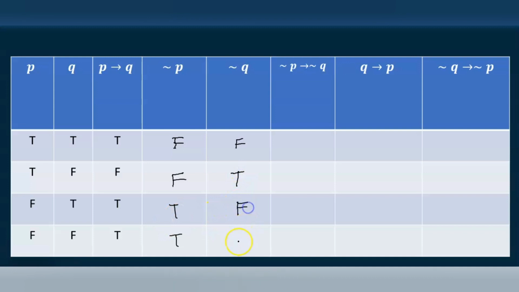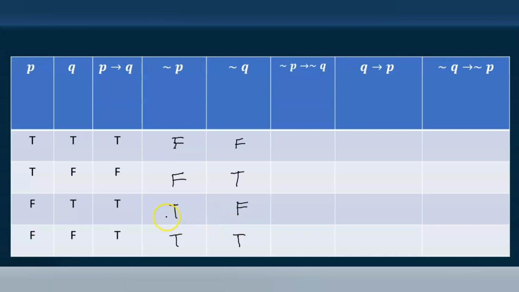false, and true. Remember that the order of the truth values in these columns may differ, and that depends on how you have placed the truth values of P and Q respectively. So if you're going to construct your own truth table, your entries may look slightly different in terms of the order.